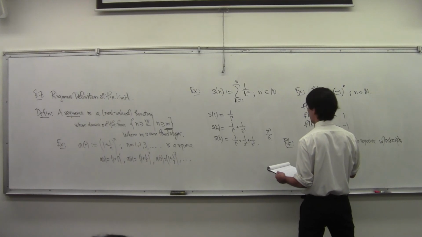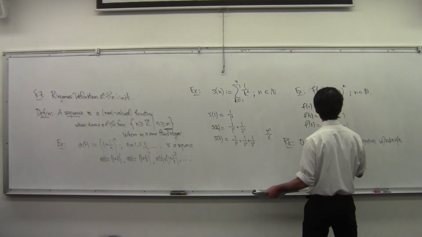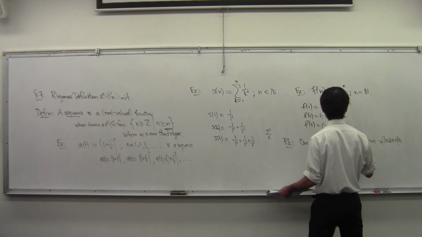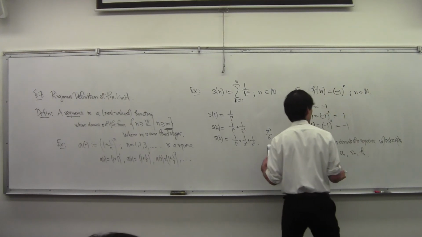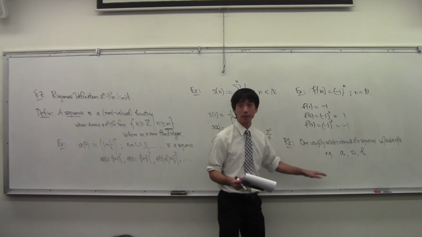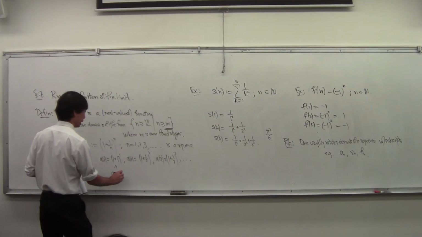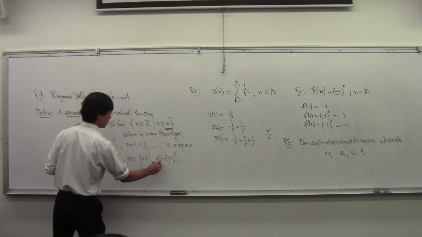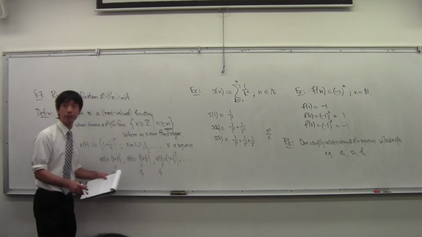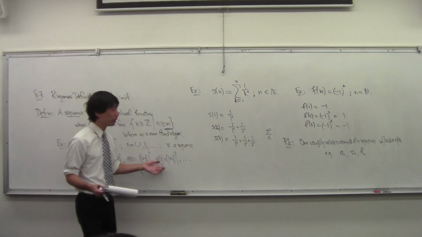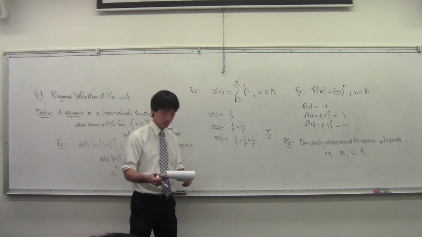So for example, these guys, the a of n, usually we write a sub n, S sub n, f sub n. Normally you'd write this as a sub 1, this guy would be a sub 2, a sub 3, not a of n. You hide that it's a function. You make it look more like a sequence.